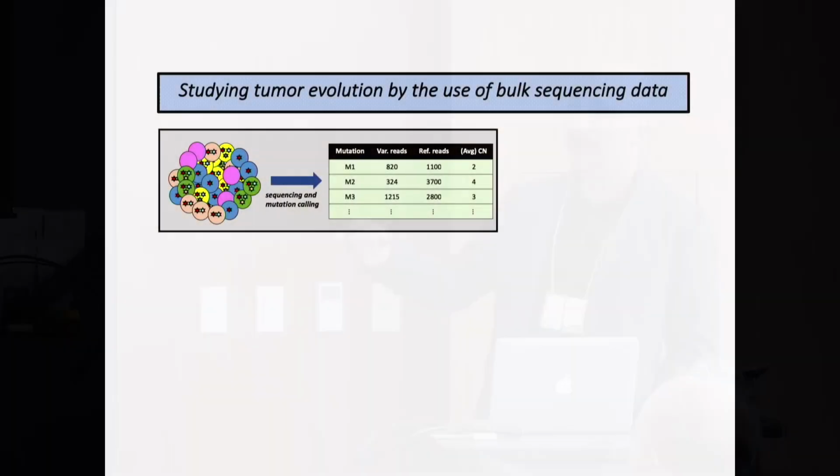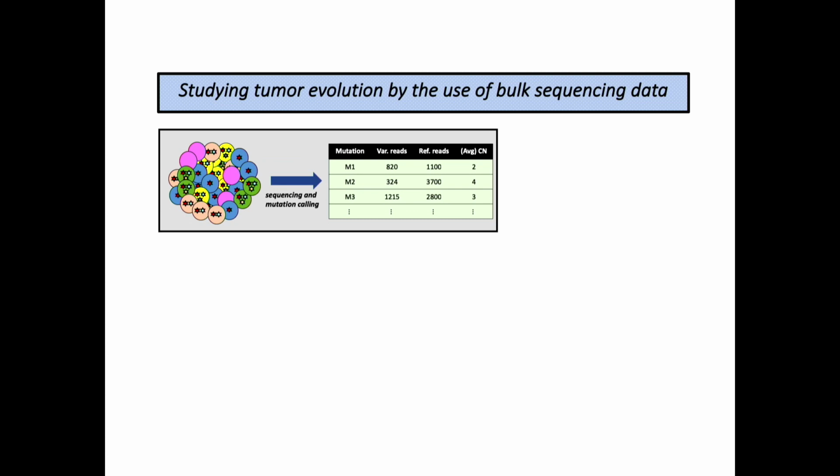The input to this kind of problem would be given as a table where each mutation would be associated with the number of reads supporting it and the number of reads that do not harbor it. And you should also have an idea about the copy number. Ideally, you'd like to focus on copy number neutral regions, provided that you can be sure of this.